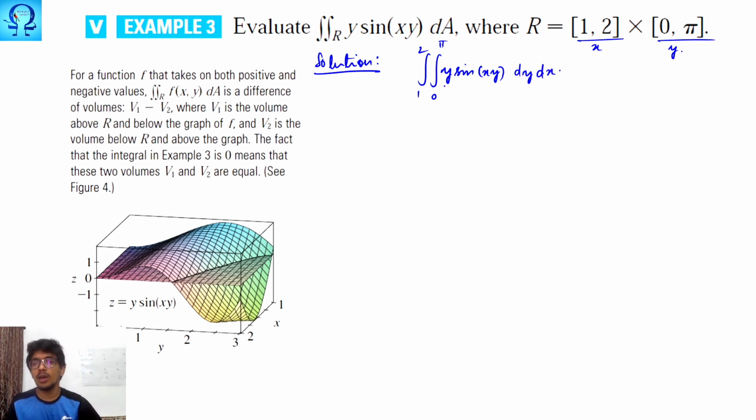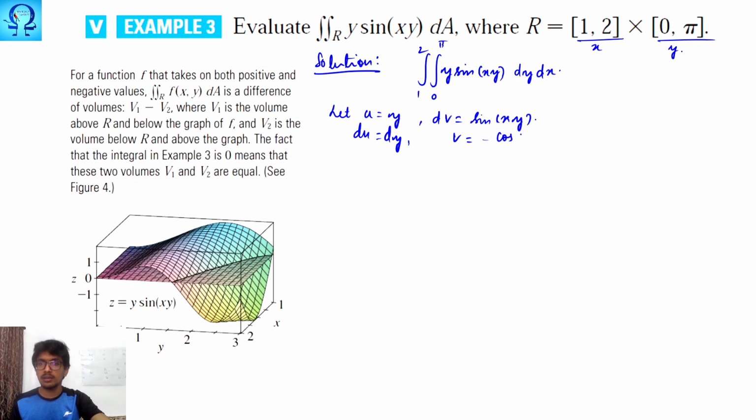If you see, you have y in two terms, which means you will have to make use of integration by parts. Let me take u to be y and dv to be sin xy. So du becomes dy. And v becomes, when you integrate sin, minus cos xy. Here we treat x as a constant, so we have upon x.